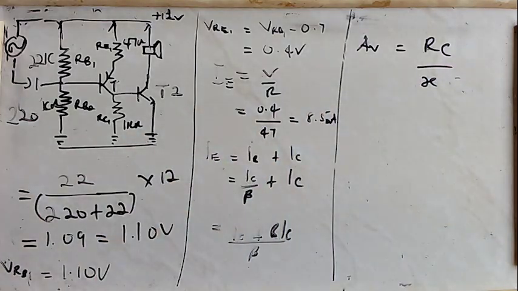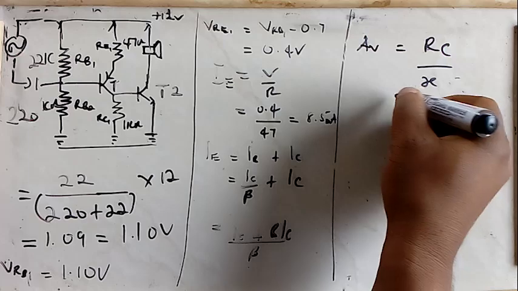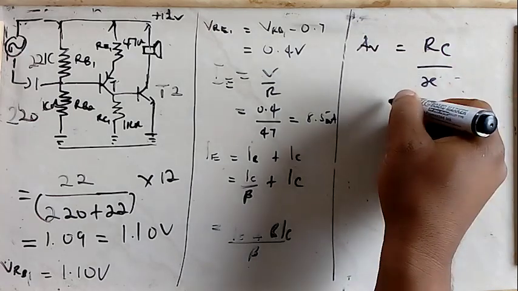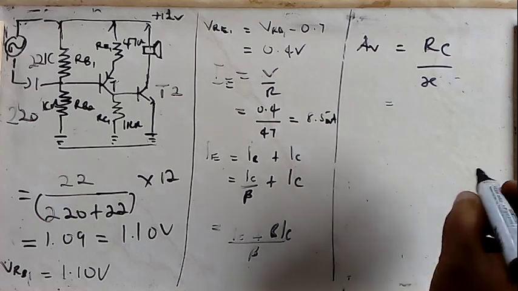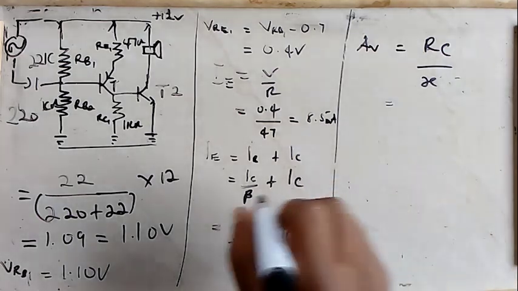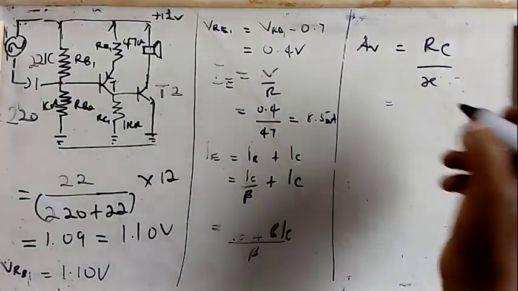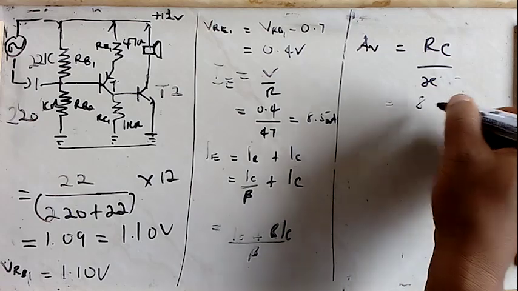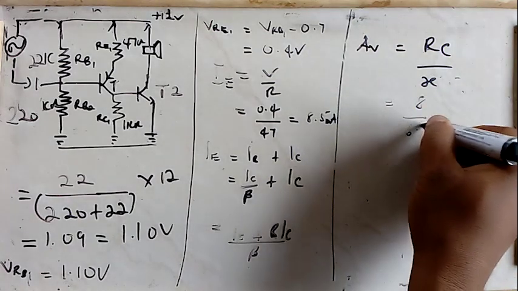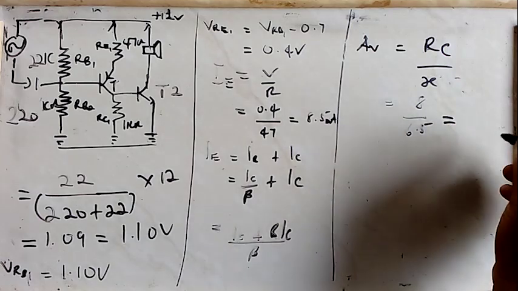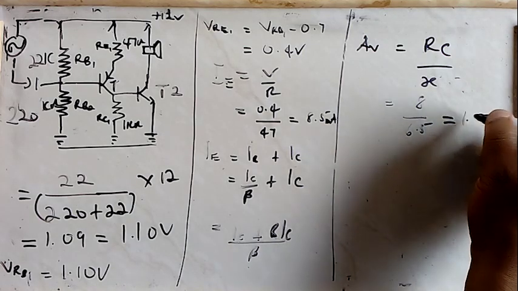In this circumstance in particular, because there is no emitter resistor there, and from our earlier calculation, we determined that the re, which is the dynamic resistance for the second stage, was 6.5 ohms. And the speaker impedance under this circumstance is 8 ohms. So 8 divided by 6.5 will give us 1.2.